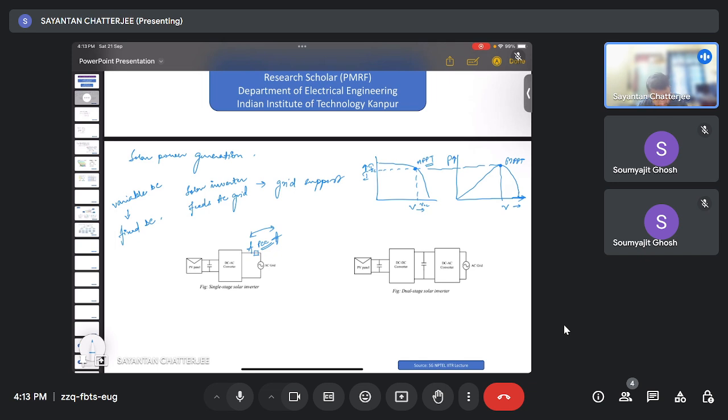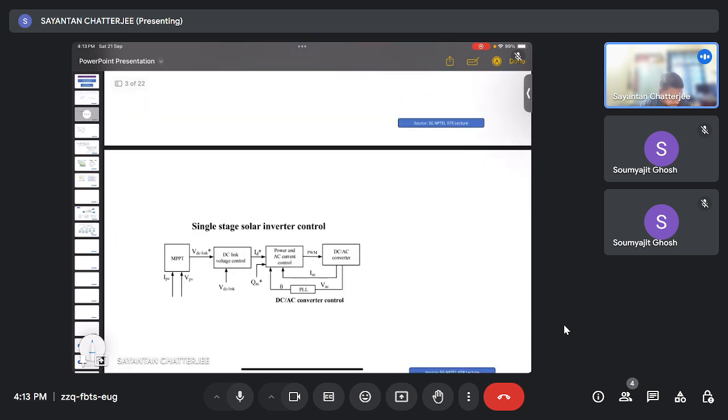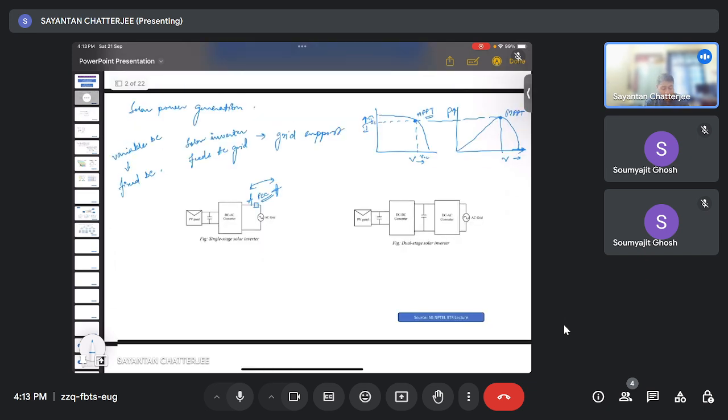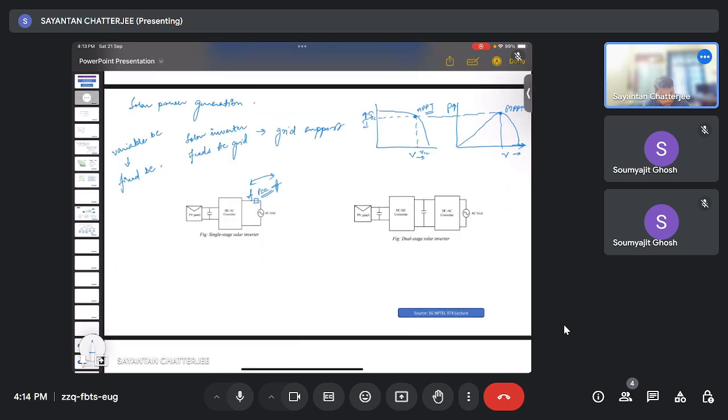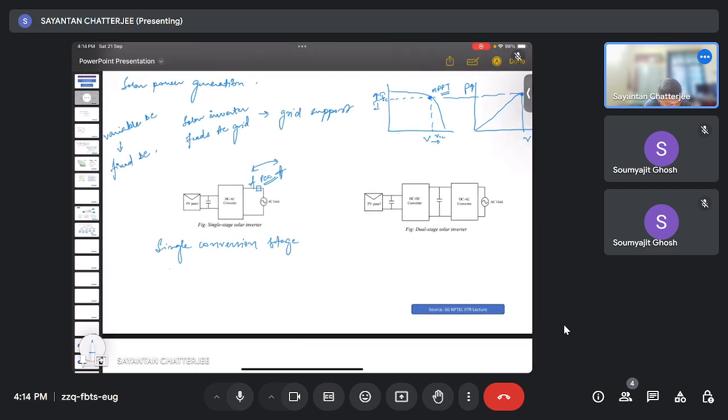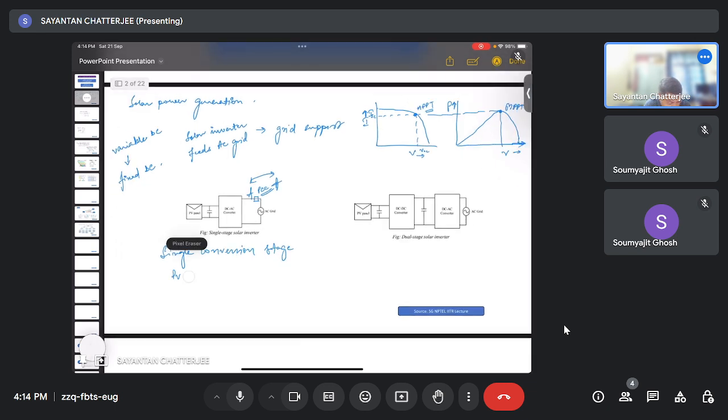There can be scenarios where, since here we would mostly be discussing the hardware setup or hardware control, firstly we can see that here it's a single conversion stage, and the PV panel is connected directly across the DC link.